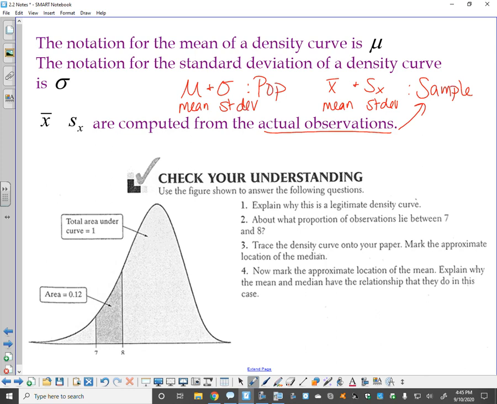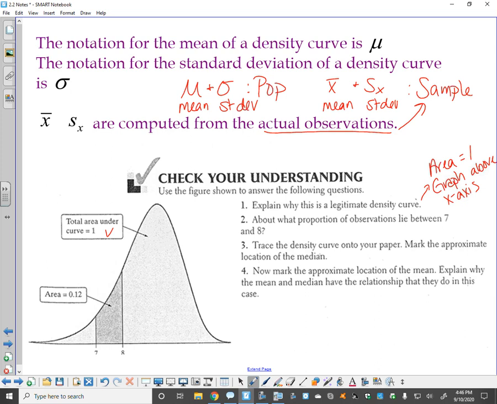Okay, so let's check our understanding. It says explain why this is a legitimate density curve. Area equals 1. Says it right there. And graph is above x-axis. There you go.